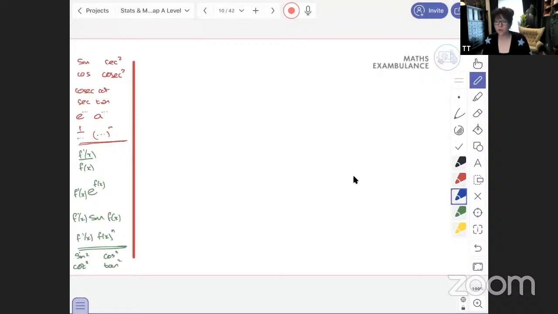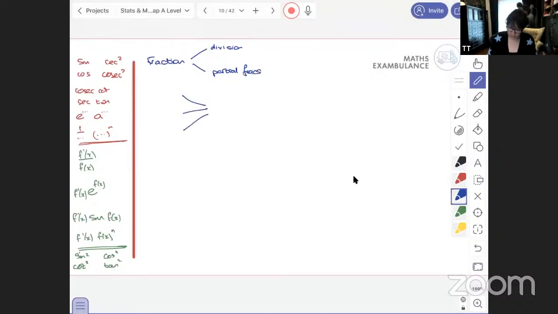Then the integration moves on to things that aren't any of those. So for example, you might have a fraction that is none of those. You've got options. You could use division, or the little trick I showed you, or you could use partial fractions. You also have the situations in which you might need parts.